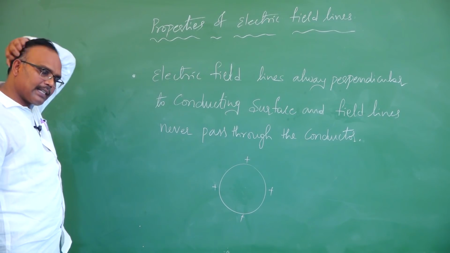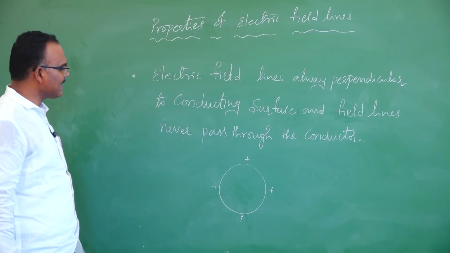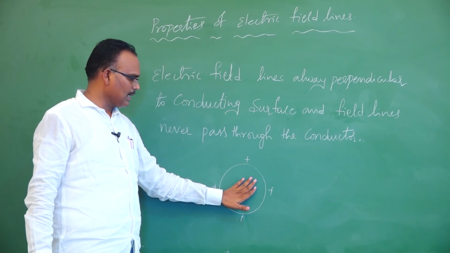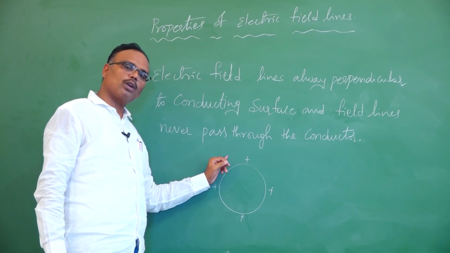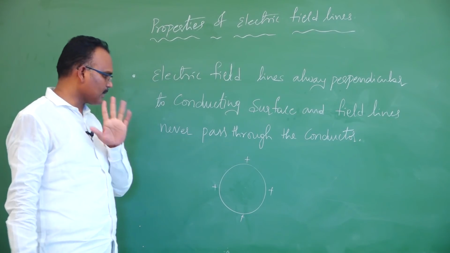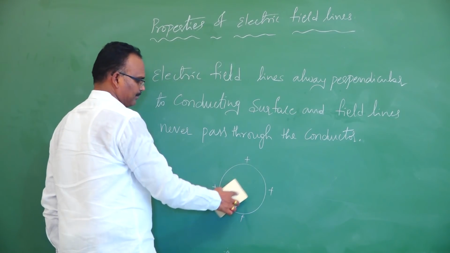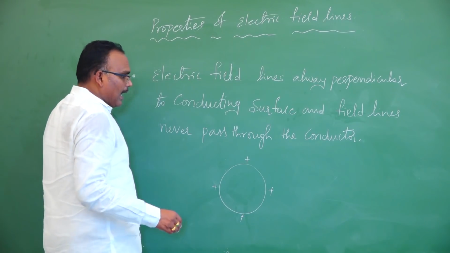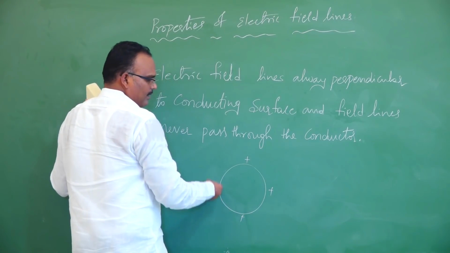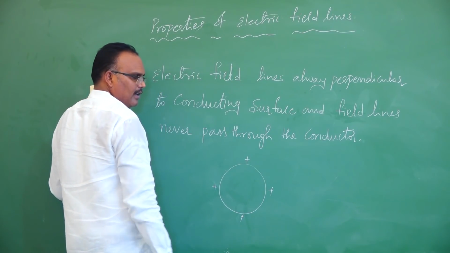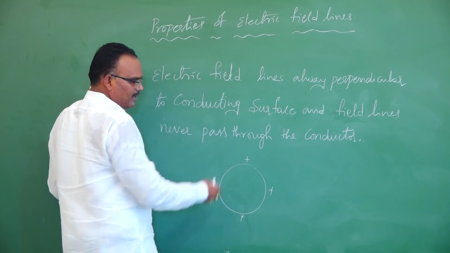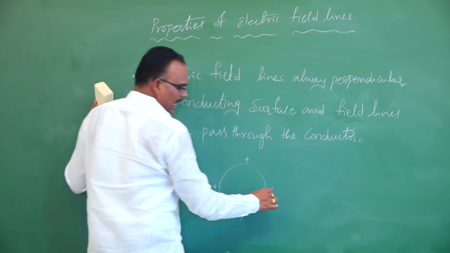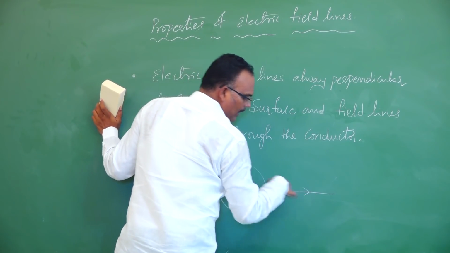In case of conductors, charge never lies inside. It resides only on the outer surface. That is the first point. Second, if this charged body is producing an electric field because charge is existing, then the field will be normal to the surface.